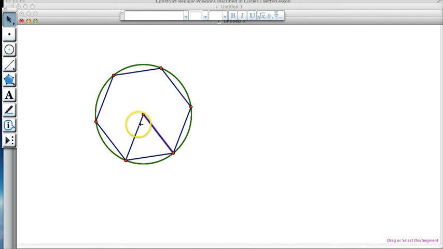And because this is an isosceles triangle with all radii being congruent on a circle, I know that this is also an equilateral triangle. So that's one of the main features of the regular hexagon that we want to point out.